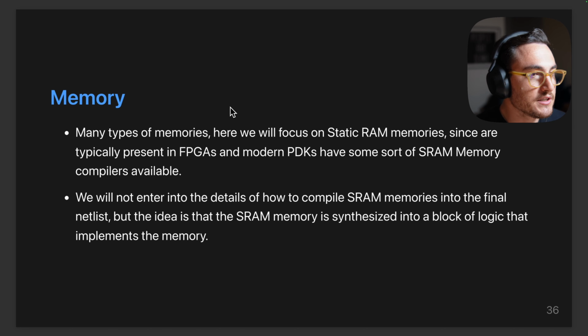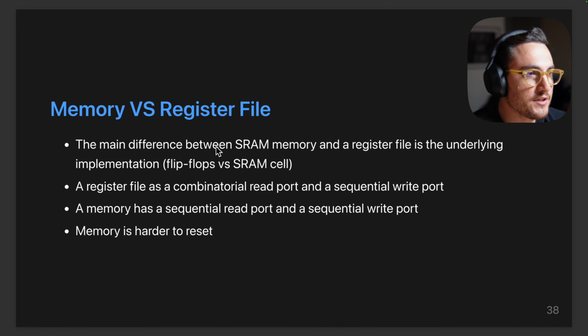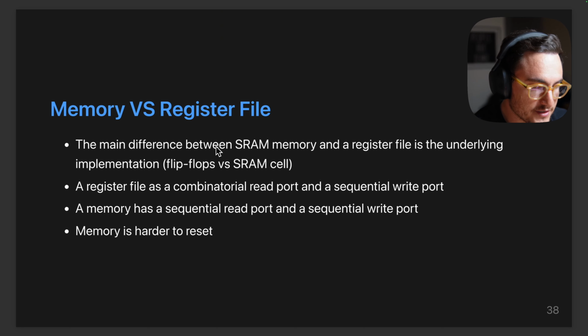So what's the difference between memory and the register file? Well, the underlying difference is the architecture that is used to store data. In the memory, we're going to deal with an SRAM 6 transistor cell. Again, this is not the time or the place to enter into the details. While a register file has a flip-flop structure, which is much larger and involves many more transistors.